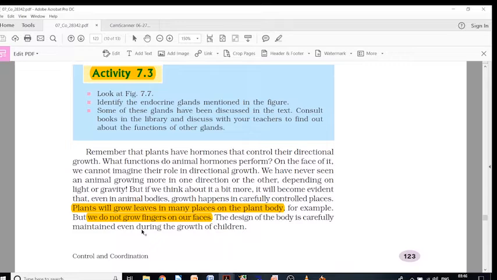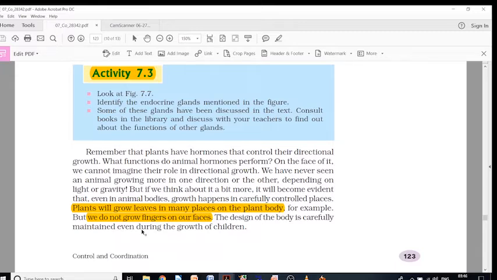And who controls them? Who is relaying the messages that this thumb has grown up to this much length, so the thumb of the right hand should also grow up to that much length only? Who is transferring the messages from the left hand to the right hand? So these are all done by hormones.